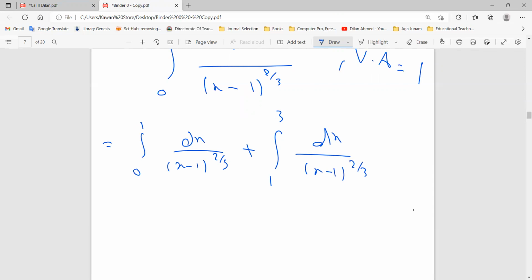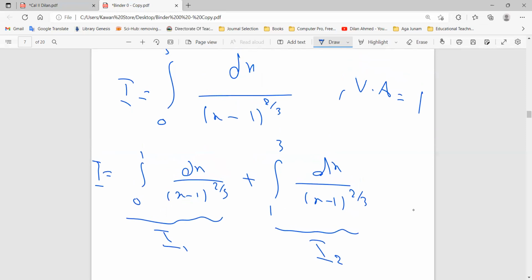Now you can deal with it. Whatever you like to solve, solve any one that you like. So how do we solve it one by one? I'm going to call this integral I, and I'm going to call the parts I1 and I2. The previous one is I. So we should solve I1 and I2 separately, and I will get the result.